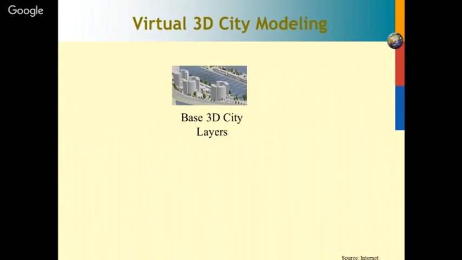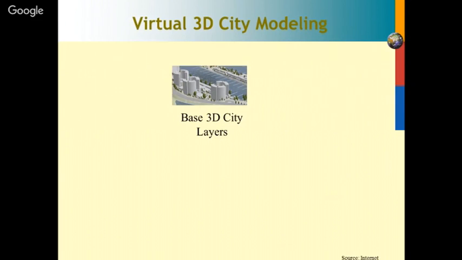So let's see the example of simple virtual 3D city models and how they're being used in different cases. Let's say we have 3D models available to us, and there are different ways of generating those 3D city layers. They can be generated in automated ways, semi-automated ways, or manual methods. So there are different ways of generating those data sets.